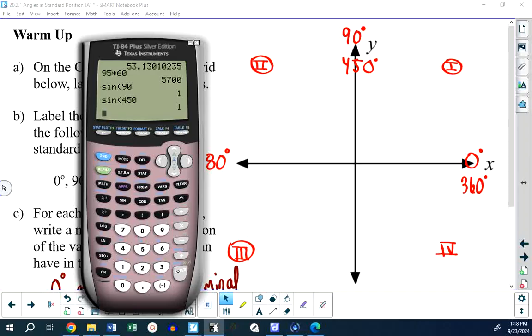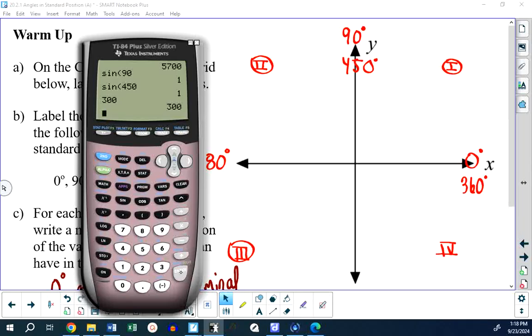Would you agree that 300 degrees would be a rotation angle that would start here and go around to about here? Would you agree that that's the same as negative 60? Because 300 will go around and it will come up 60 degrees shy of being a full revolution, so I could use negative 60.